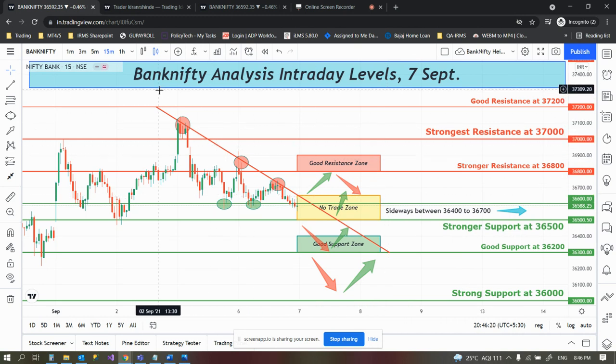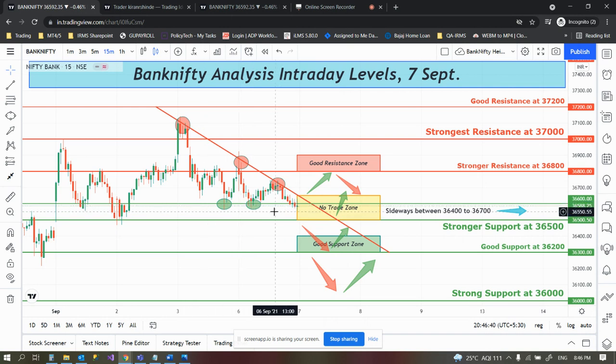And next is a resistance trend line I have drawn, where the market is taking resistance at these three points, and support at this particular level, that is 36,600, at these two places.